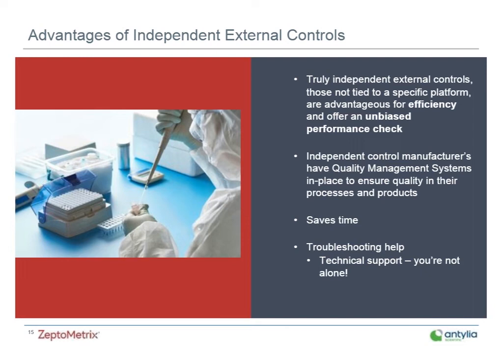But really, when you think about all the time that goes into it and the effort and the reagents and supplies, you might be better off just buying from a third-party supplier. And lastly, I think that's a really big advantage, is troubleshooting help. If you order from a QC manufacturer, you have a technical support system to back you up. So you're not alone in trying to troubleshoot or work through any issues in developing your assays in the lab.